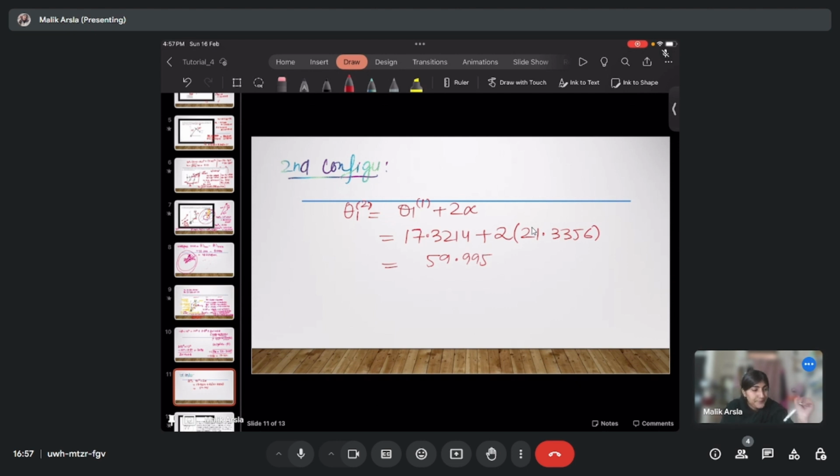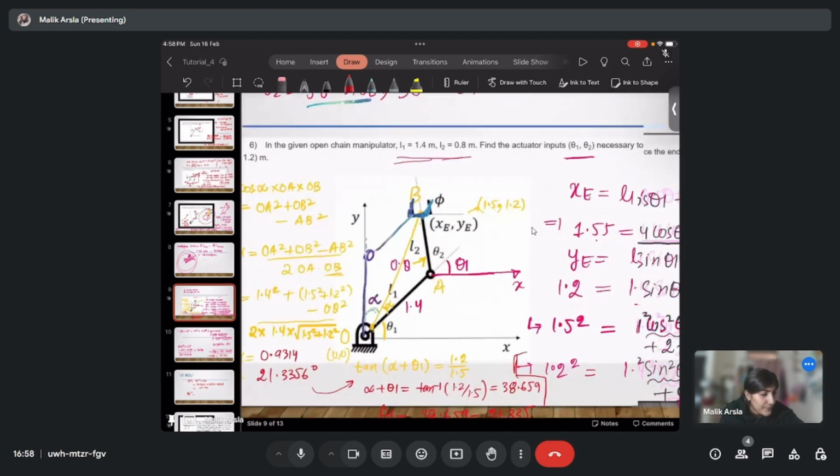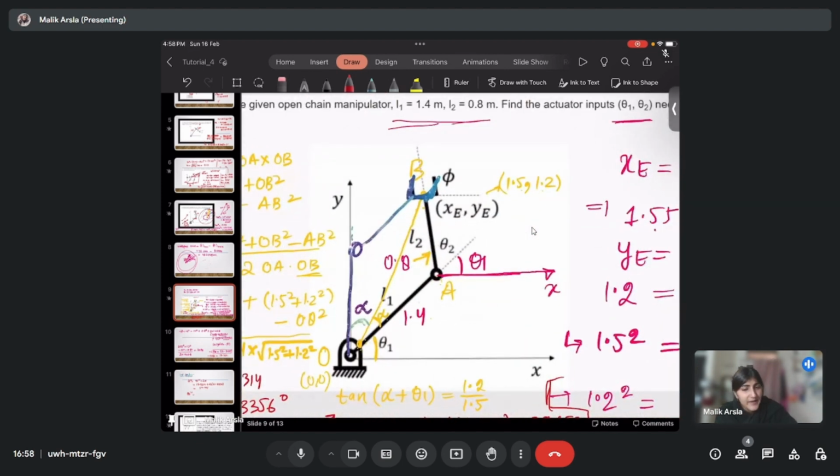Now everybody got this? Now look for theta 2. Here theta 2 is measured with respect to link 1. So basically this is theta 2. This is link 1, this is link 2.